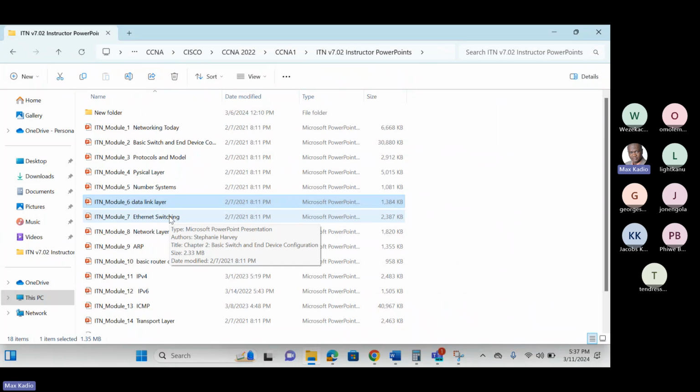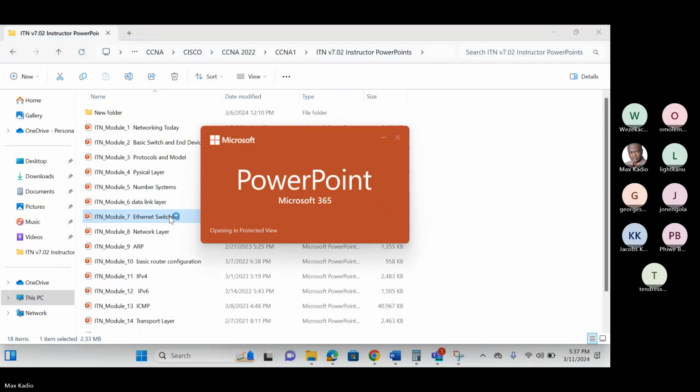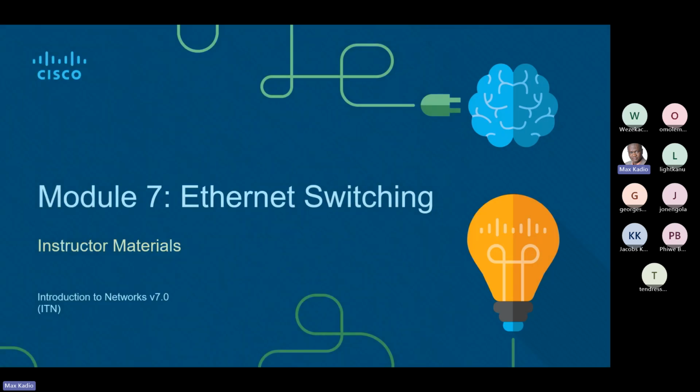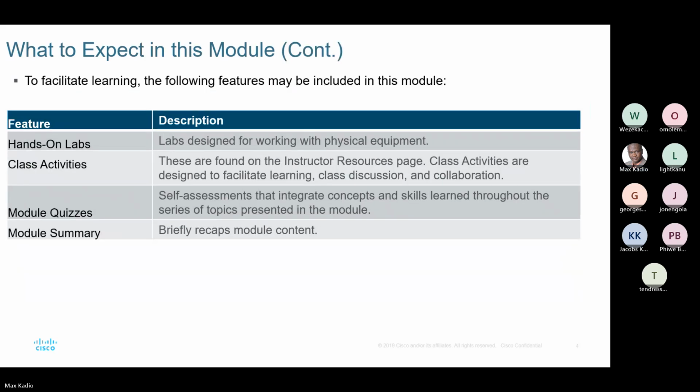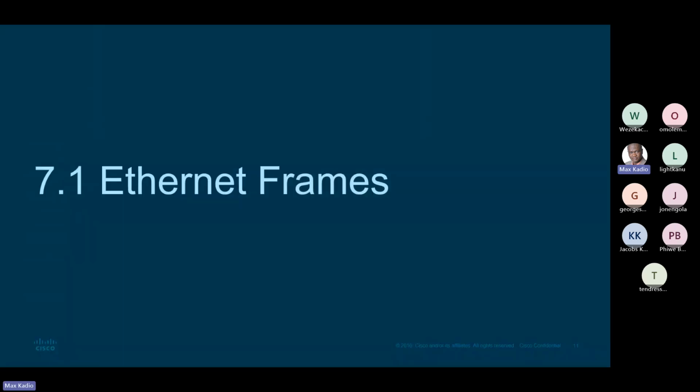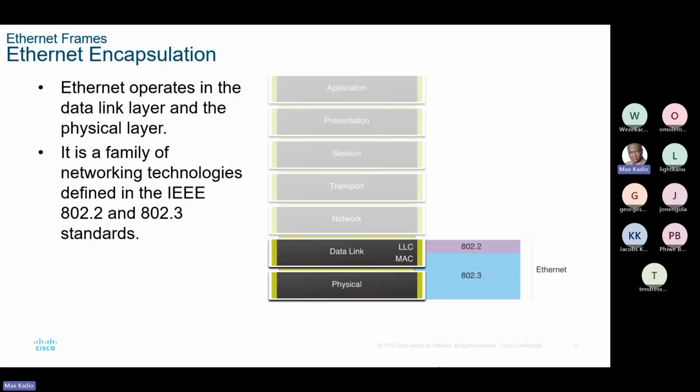Ethernet switching. At layer 2, it's the switch that will be there. Now how it works, how the switch will handle the frames, is what we are doing now. I'll try to explain Ethernet frames in a simple way.